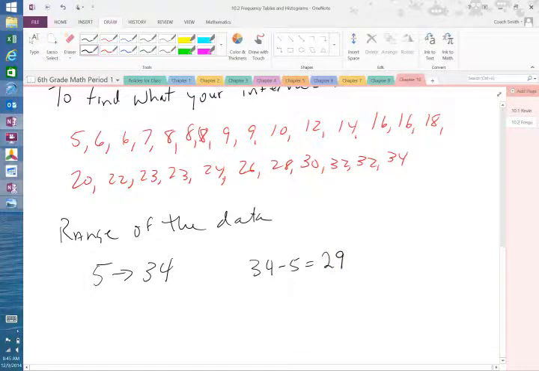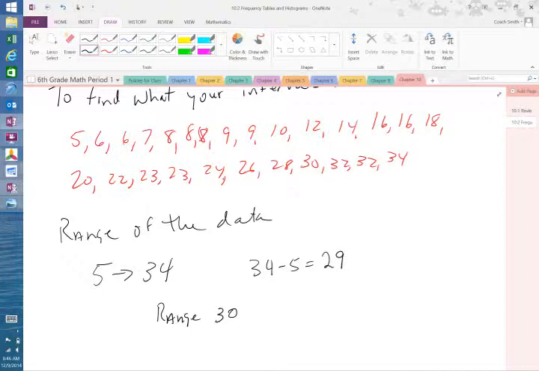So basically, we could have a range of 30. So we can say our range of the data is 30. If the range of our data is 30, for our histogram you want anywhere from 5 to 7 bars. That's about all you need.